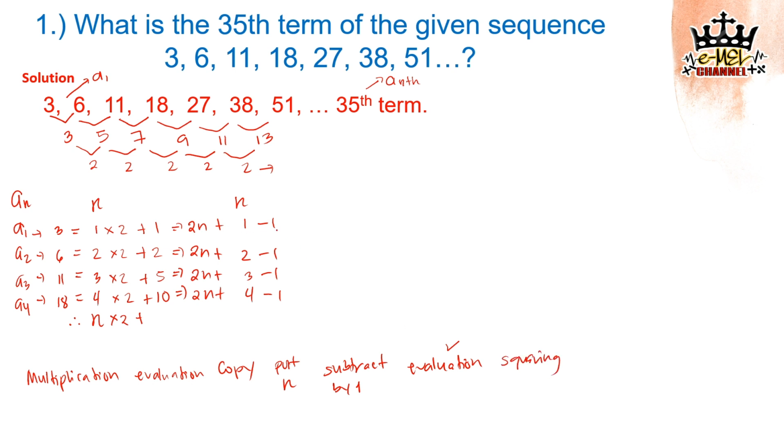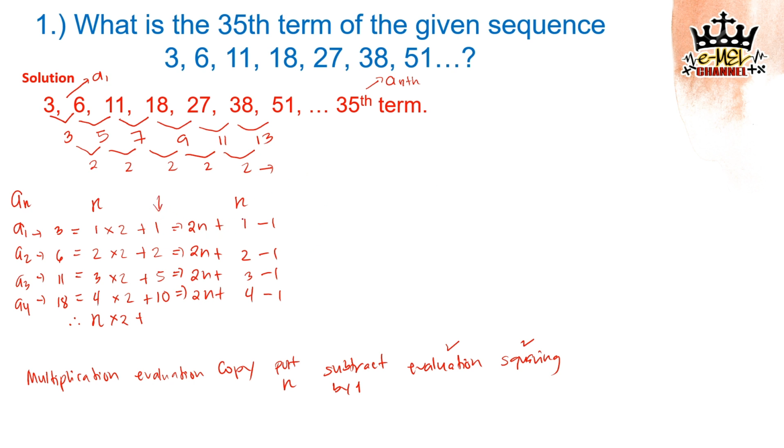So after evaluation, okay, let's do the squaring. 1 minus 1 is 0, squared is 0, then add 1 to get 1. 2 minus 1 is 1, squared is 1, add 1 to make it 2. 3 minus 1 is 2, squared is 4, plus 1 is 5. 4 minus 1 is 3, squared is 9, plus 1 is 10. So after you square, you find out that it gives this column.